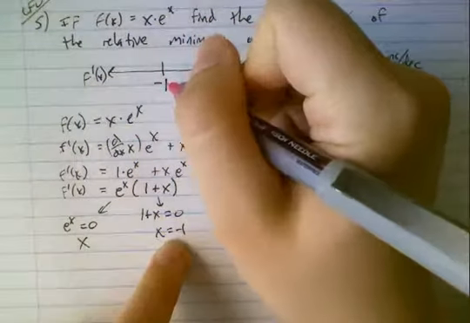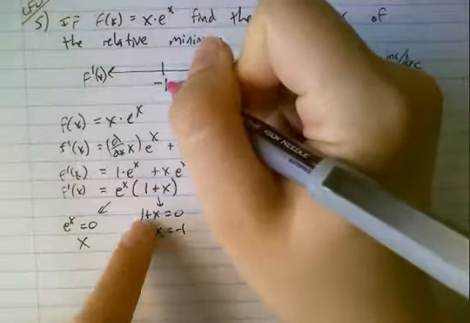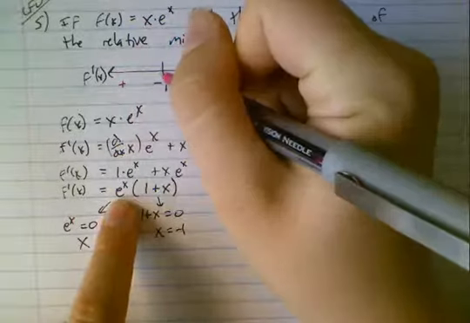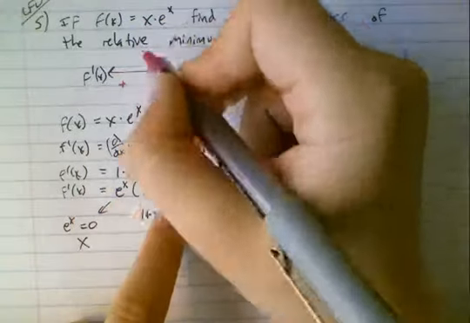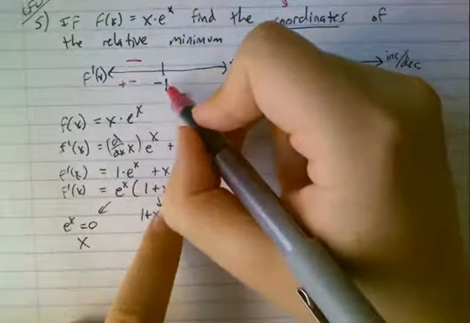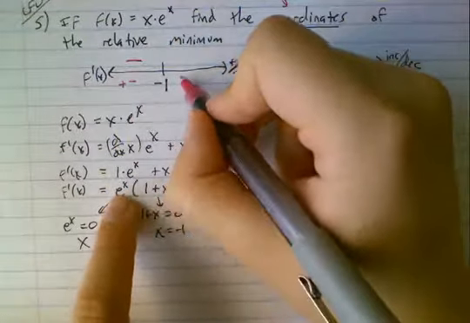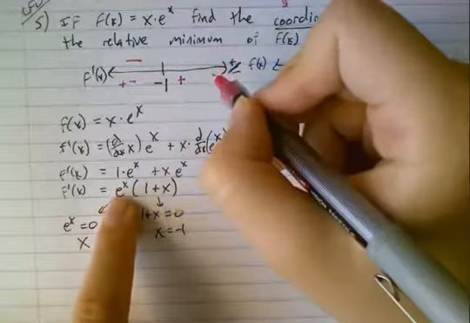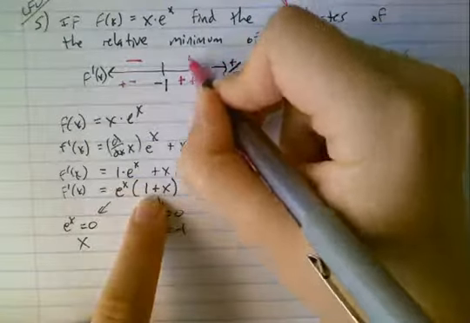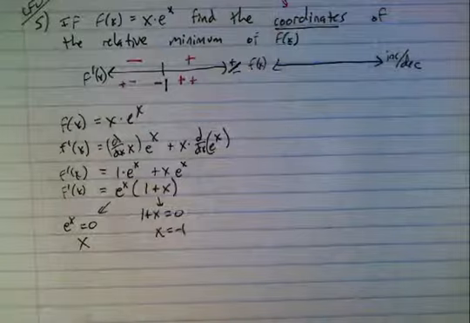So we're going to pick a number less than -1. This is always positive, so it doesn't matter. Number less than -1, let's say -2. 1 minus 2 is negative, so this is negative overall. A number bigger than -1, let's call it 0. This first factor is always positive, doesn't matter. 1 plus 0 would be positive, so positive overall.